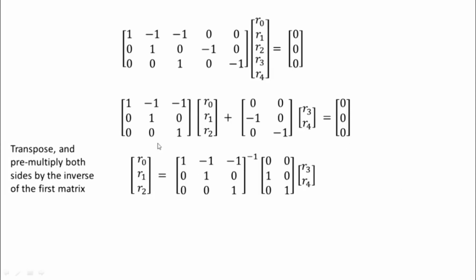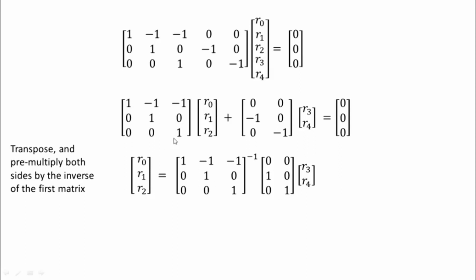So if we pre-multiply this matrix with its inverse, this will drop out, and pre-multiply this with the same inverse matrix, this term will remain, and anyway this is 0, so this is going to drop out. We have transposed this equation, and therefore all the minus 1s have become 1s, the zeros remain the same.